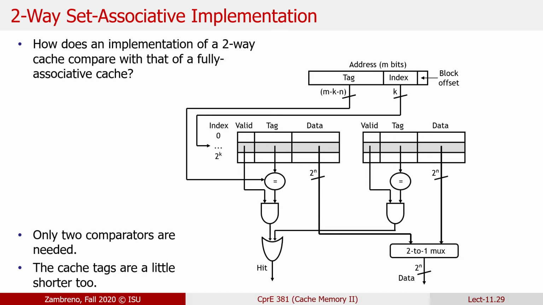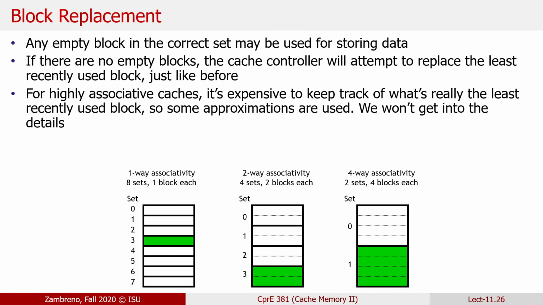I skipped ahead just to show that these previous pictures of where you're putting things in the cache are an accurate layout of what is happening here: for the same number of total blocks, you have fewer sets in the set associative cache. As you increase the associativity, you will have fewer and fewer sets.